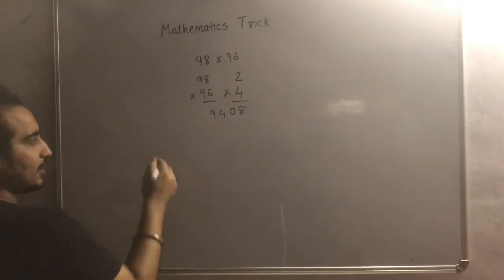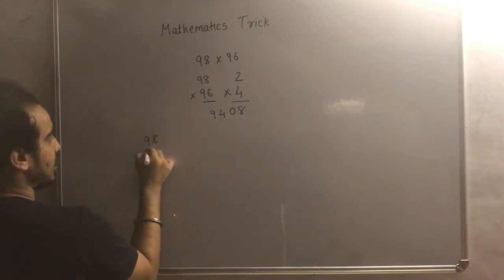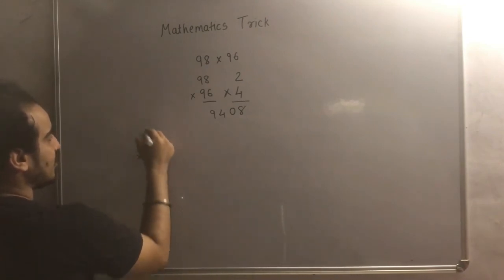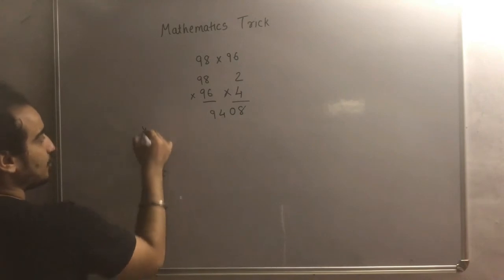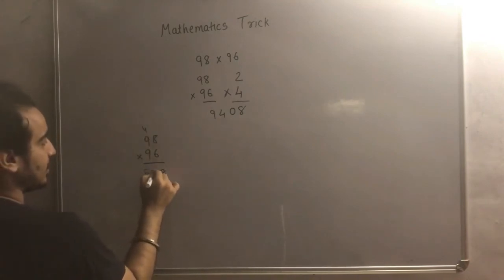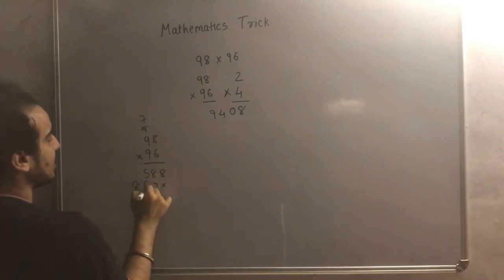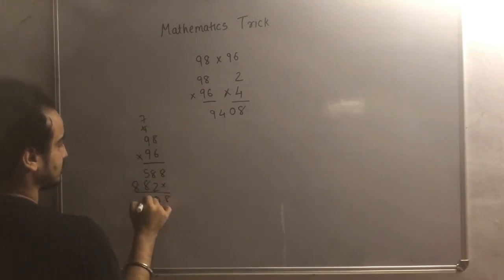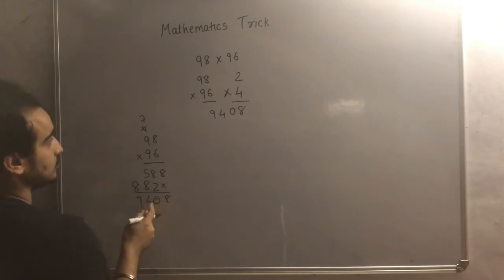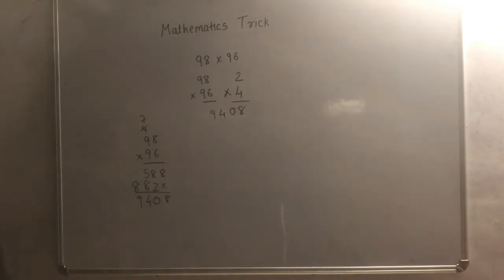If you want to check, we can also do the multiplication. 98 into 96. 8 6s are 48. 9 6s are 54 plus 4, 58. 9 8s are 72. 9 9s are 81 plus 7, 88. The same answer. You can do it quickly.